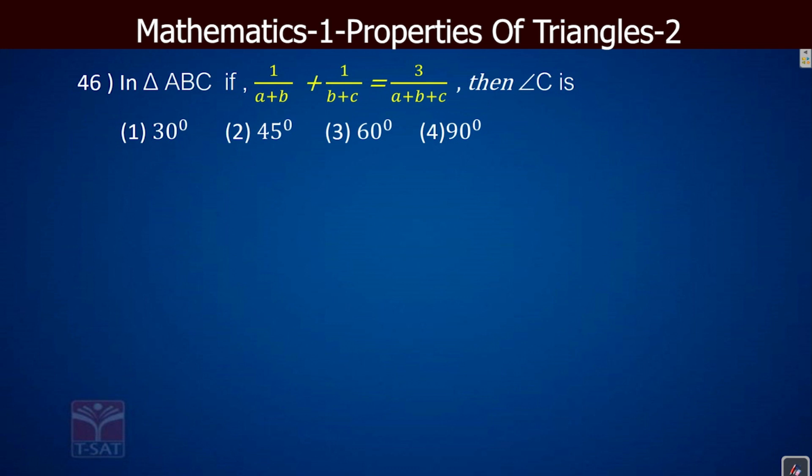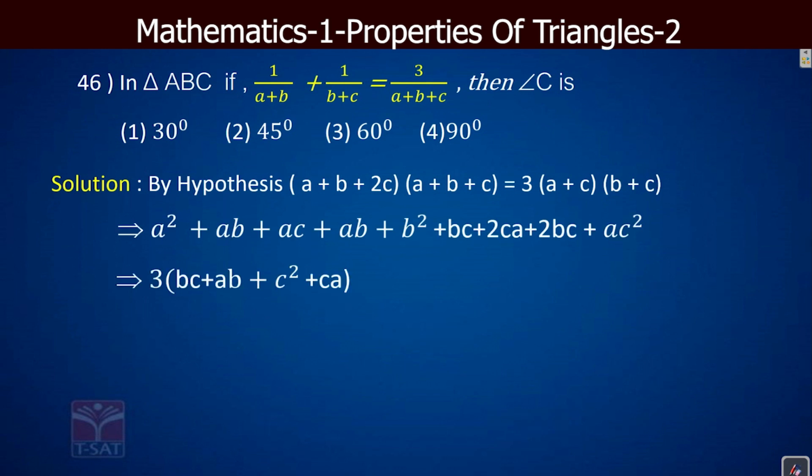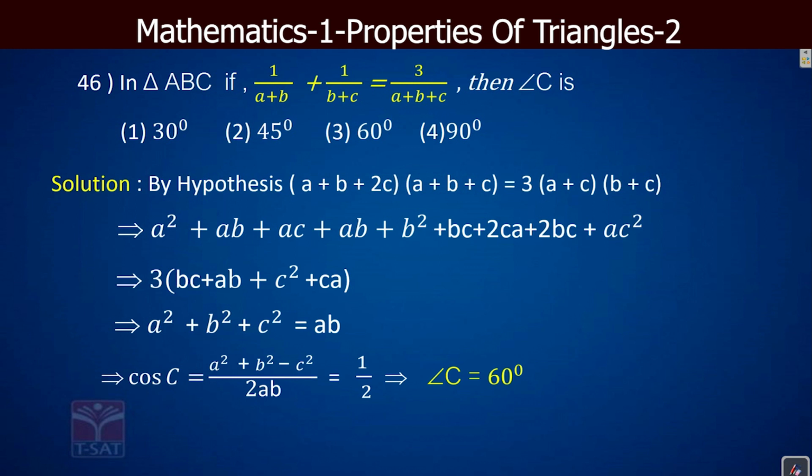Now what you could do is simplify the given hypothesis: (A plus B plus 2C) into (A plus B plus C) is equal to 3 into (A plus C) into (B plus C). Now expanding and simplifying, you will get A square plus B square minus C square is equal to AB. So you will get cos C is equal to (A square plus B square minus C square) by 2AB, which is equal to half. So angle C is equal to 60 degrees.